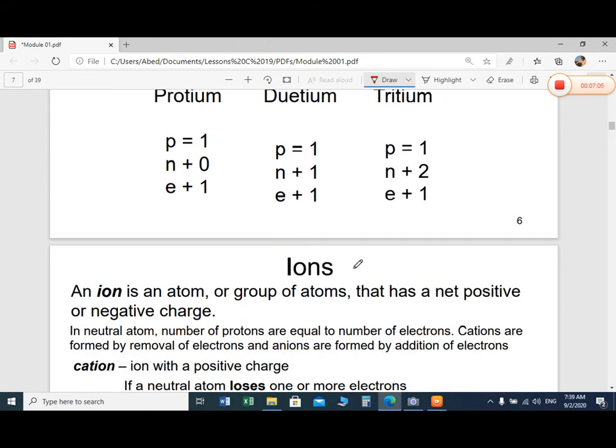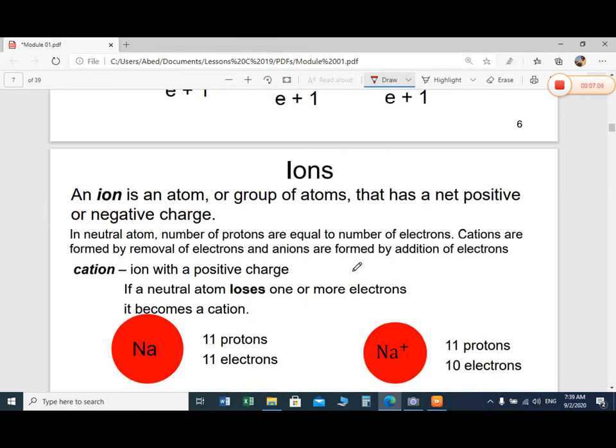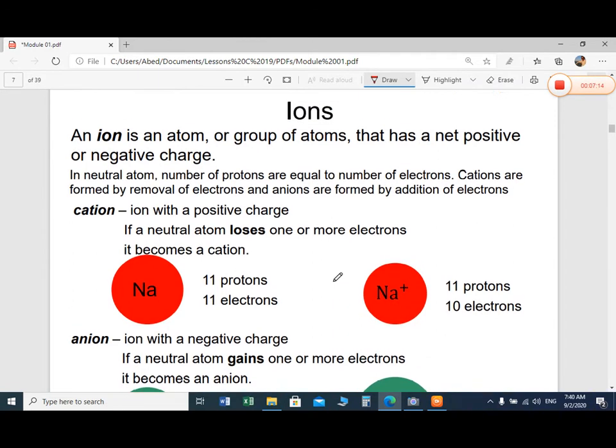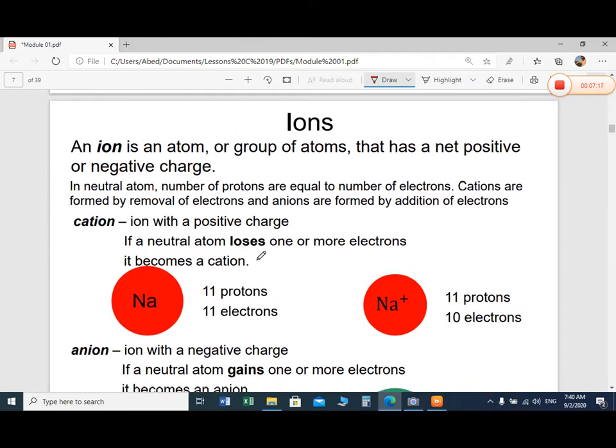Now when you change the number of electrons, then it becomes an ion. There are 2 types of ions, anion and cation. When electrons are removed or lost from the atom, then it becomes a cation. For example, sodium has 11 electrons.